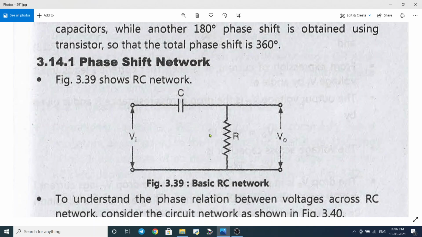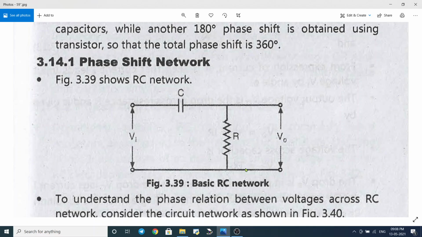Such an RC network is used to obtain the phase shift, and the total phase shift obtained is 180 degrees using 3 such RC networks.